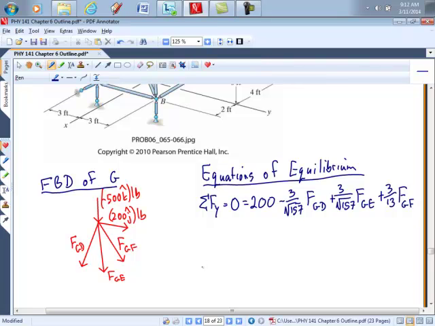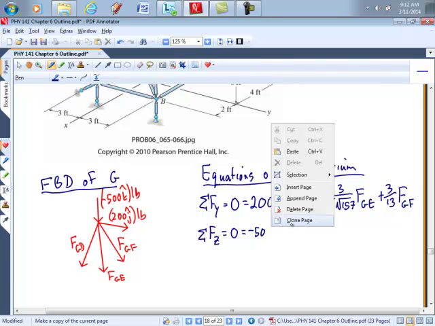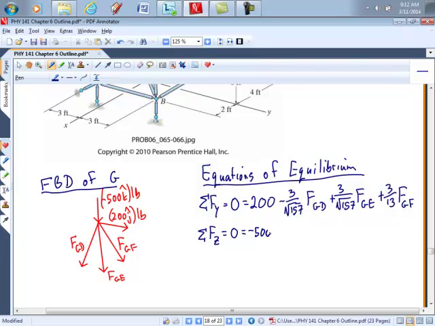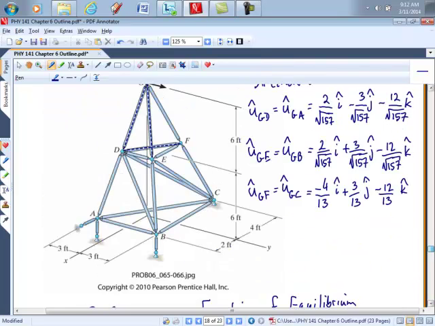All right. Again, it doesn't really matter what order we put these in. If I do the Z direction next, it has the negative 500. And it's going to have the Z components of each of the others.